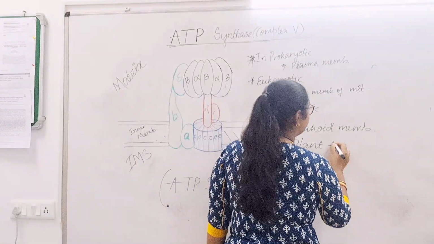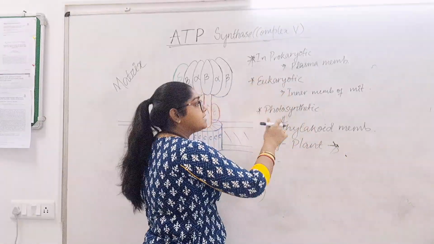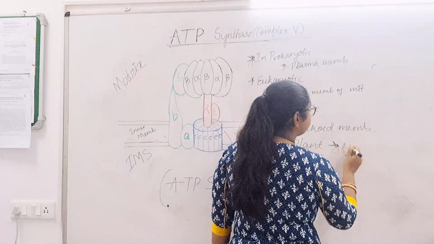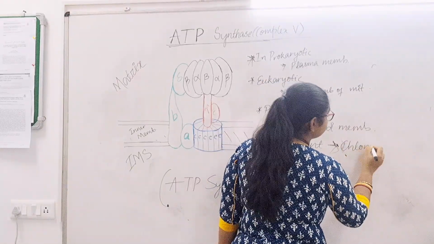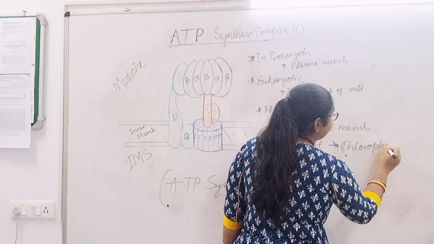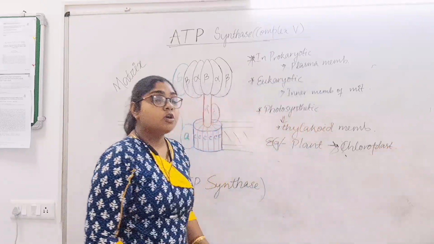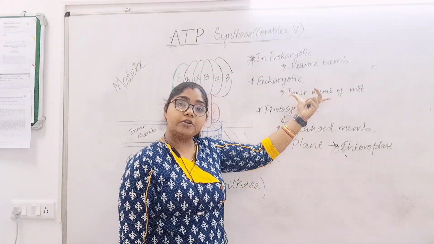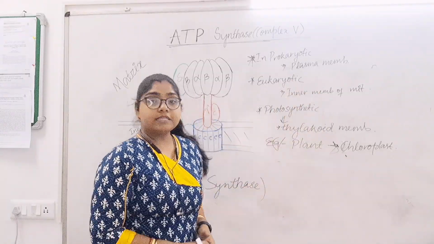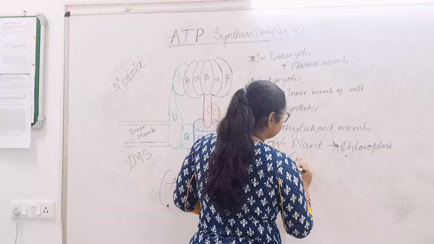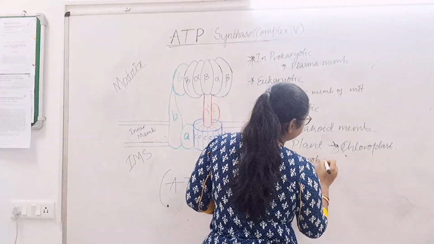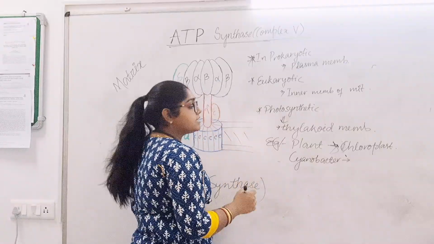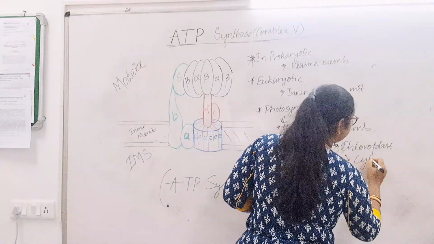So a plant contains ATP synthase in the inner membrane of mitochondria and also in the chloroplast, because the thylakoid membrane is present in the chloroplast. And cyanobacteria, also photosynthetic organisms, contain this ATP synthase in the cytoplasm.